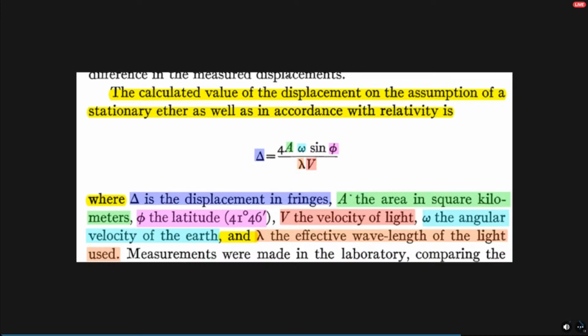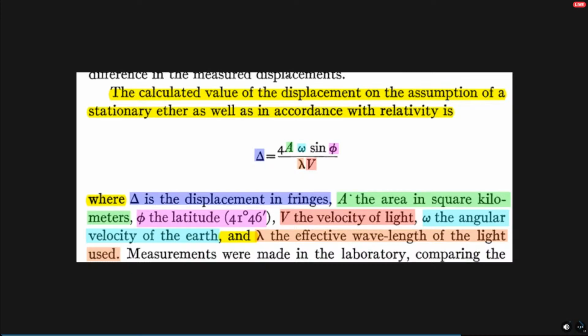So delta is the displacement of fringes, how much fringe is going to be displaced. It's equal to 4 times the area in square kilometers of the apparatus, so the path that light has to travel, times the latitude, over the velocity of light times the wavelength. Oh, the angular velocity is included in the area. Sorry, I read that out of order.